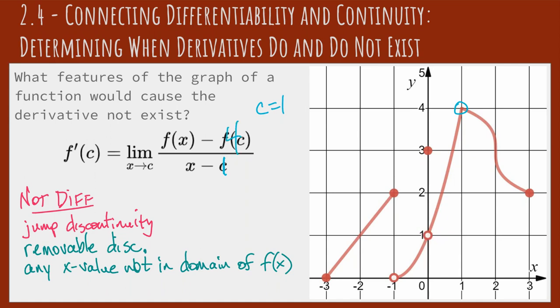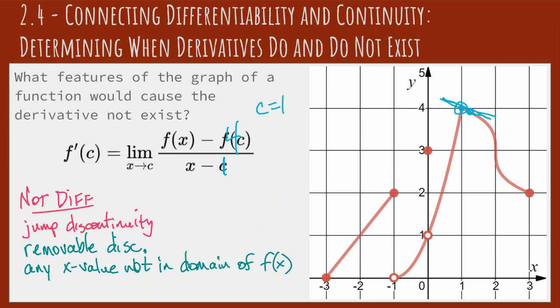If we look at the two-sided limits again, I don't know exactly what the slopes are going to be here, but as we approach with points from the left, it looks like we're getting slopes that are positive 4, maybe some positive value. And if we approach with points slightly to the right, we're getting slopes that are negative.